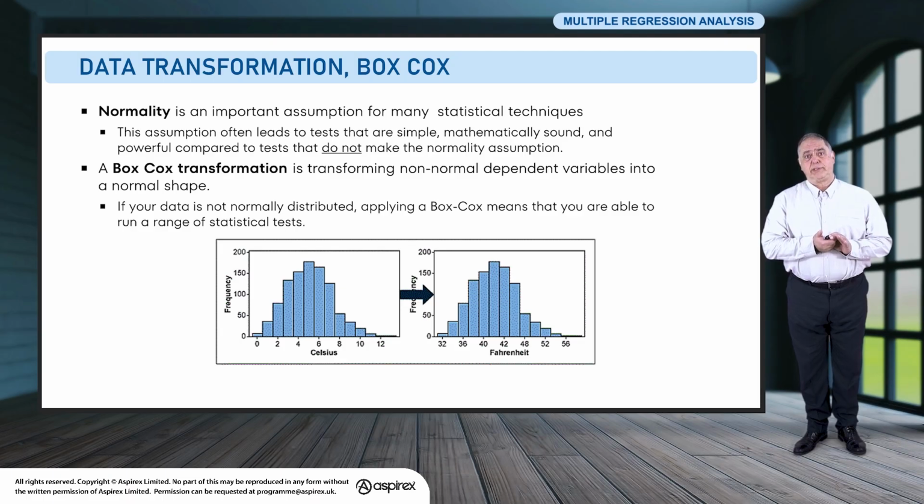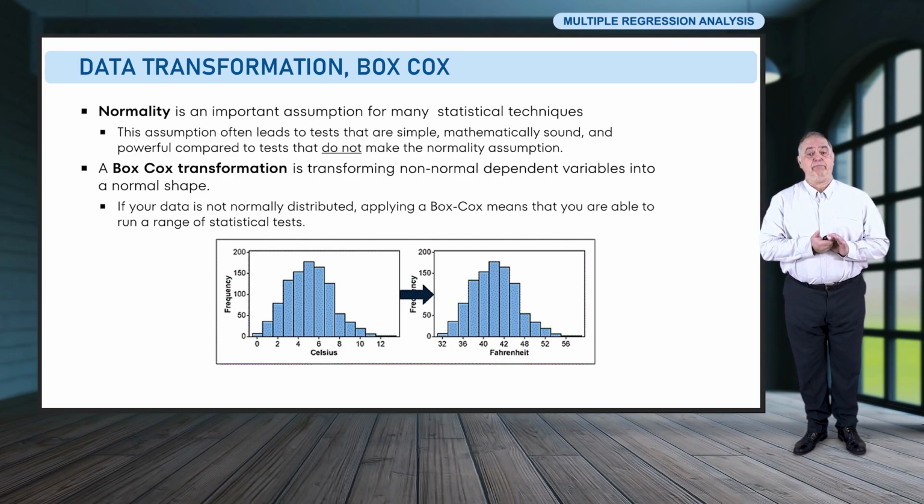A Box-Cox transformation is transforming non-normal dependent variables into a normal shape, just like the figure that we have on our slide.